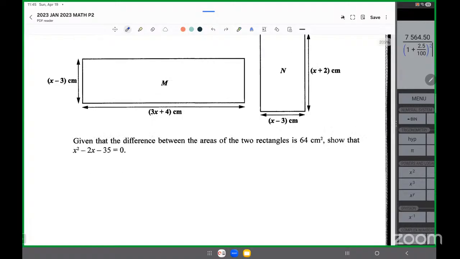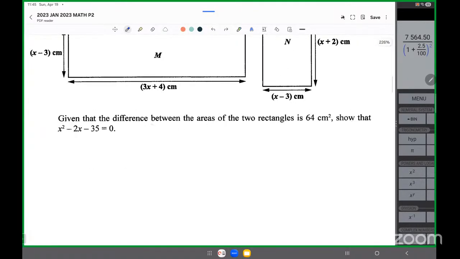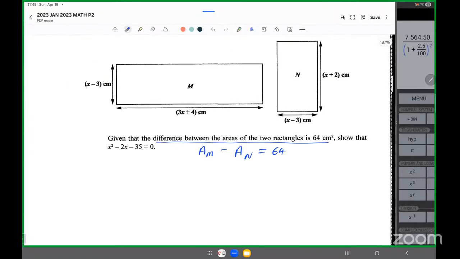So what this statement says is the area of M minus the area of N is equal to 64. So we need to write that out in terms of x. Now the area of M is this times this.